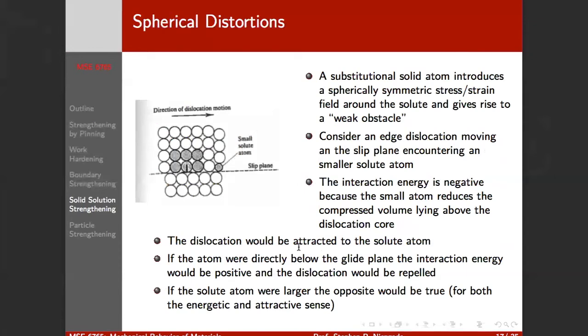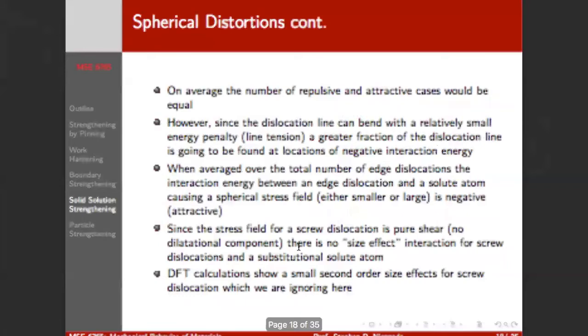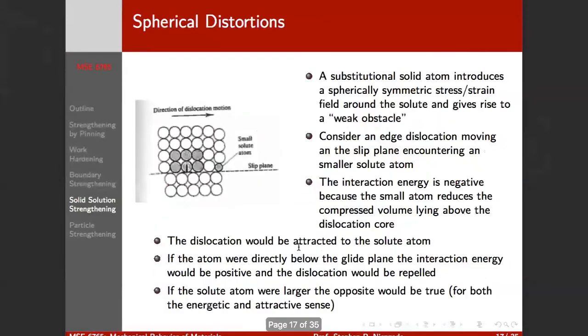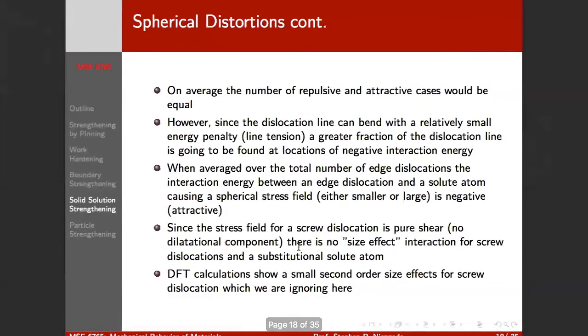So it's basically going to be in its lowest energy configuration around these obstacles. So you're always going to have to give it a push to either break it away from the attractive region or push it through the repulsive region, right? So you get strengthening from both cases. Both the attractive and the repulsive give you a benefit. Okay.